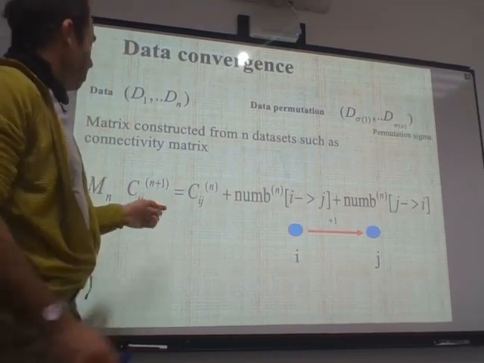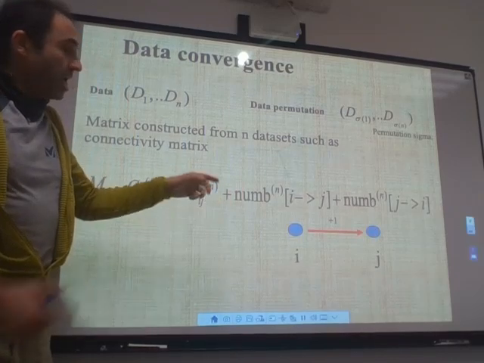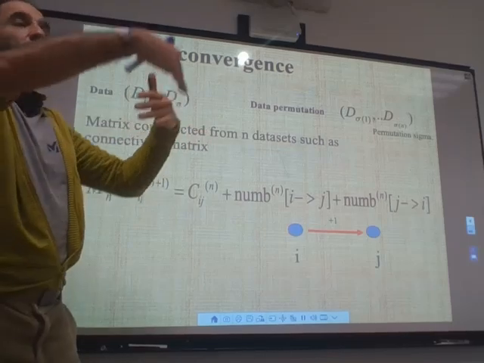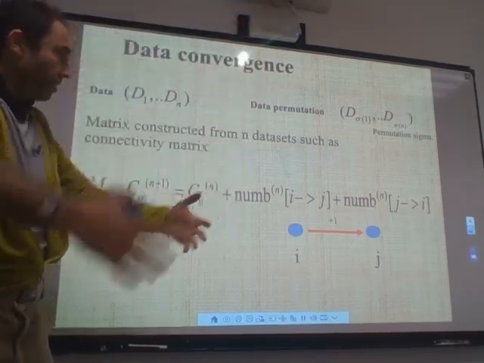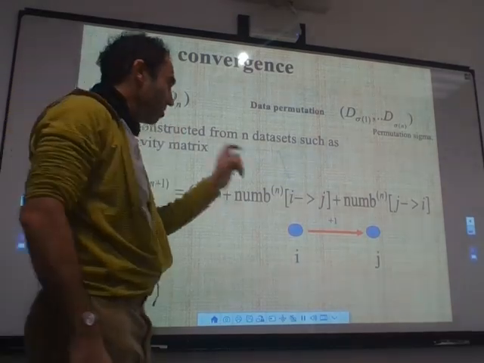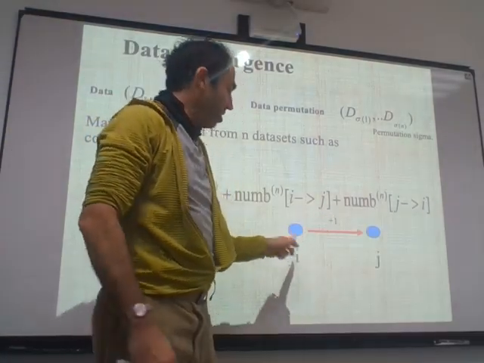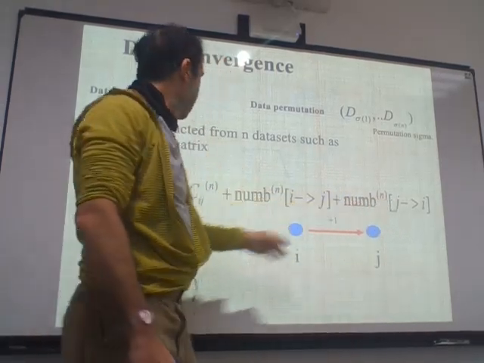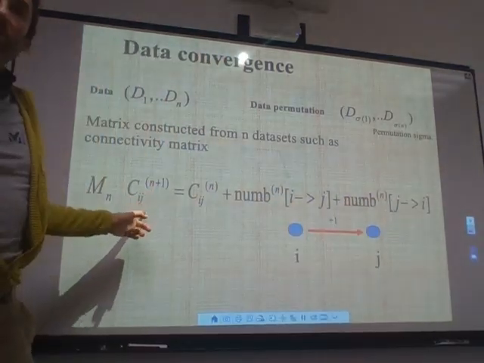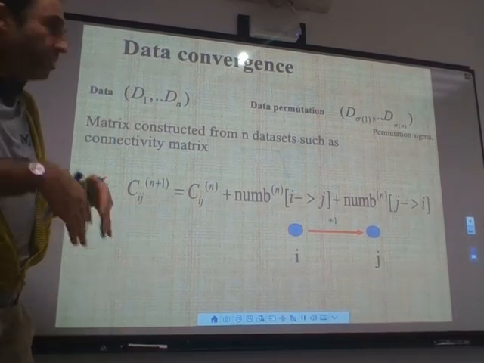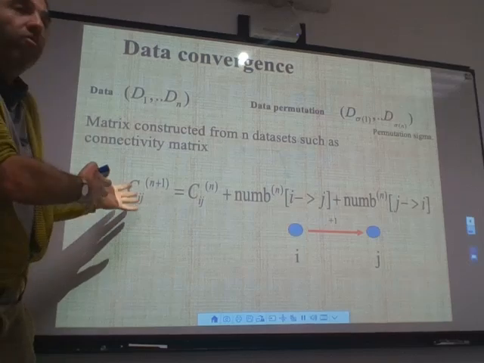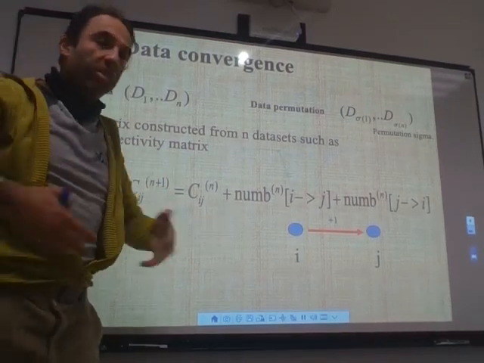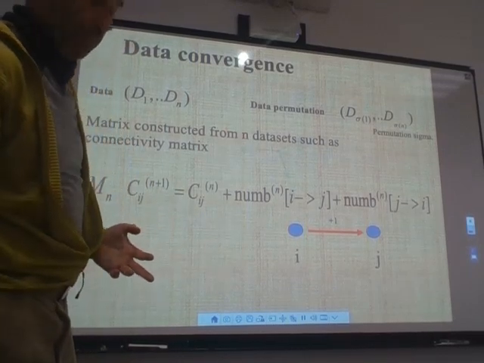I have n data sets, and I look at what the next data sets bring. For example, I can look at whether I get yes or no for a connectivity between i and j from this process. So it's a way to update one of your statistics, the connectivity matrix, or whatever statistics you are interested in.